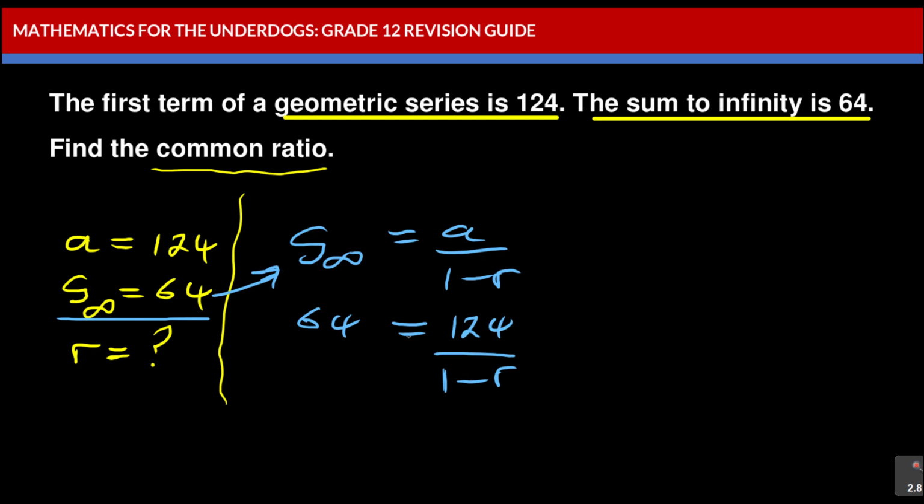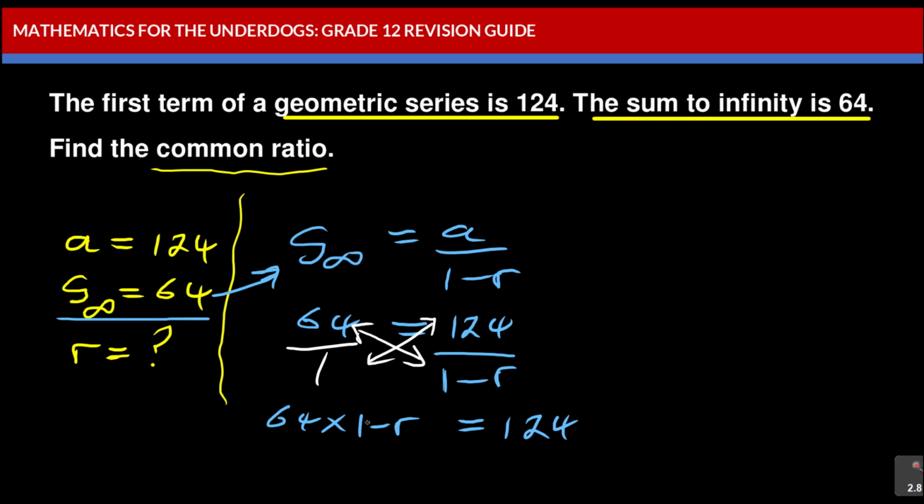You see that? Then at this stage it is for you to solve. This is over 1. Then what you do, you cross multiply. Now look at this. When you cross multiply, it's 64 times this. It's 64 times 1 minus r is equal to 124.